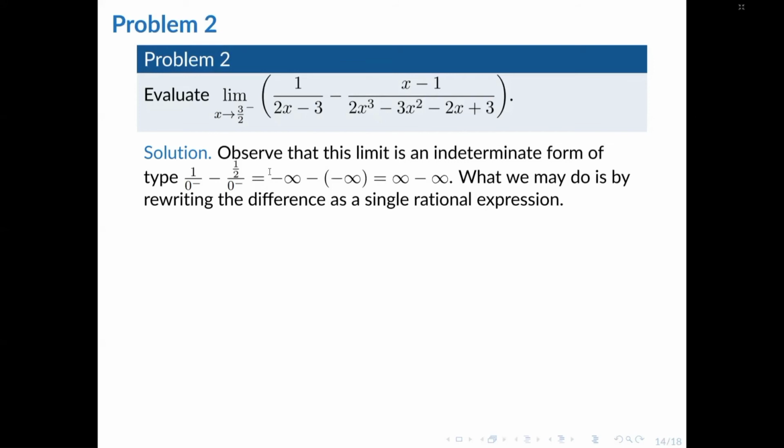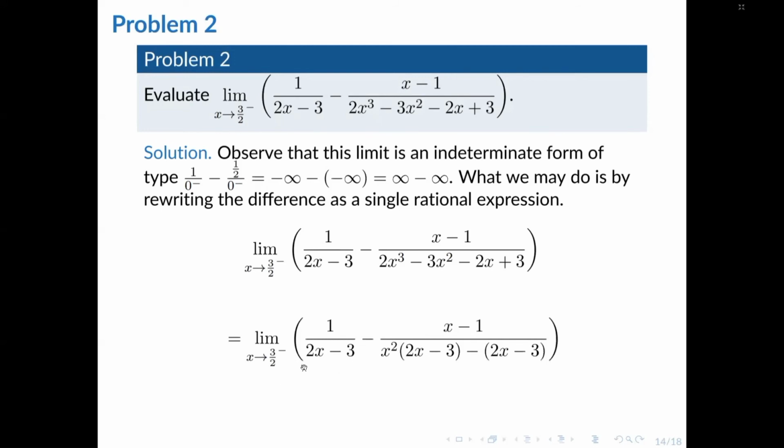What we may do is to rewrite the difference as a single rational expression. So this is the given. Rewriting this, we will get the limit of the quantity 1 all over 2x minus 3 minus x minus 1 all over 2x minus 3 times x squared minus 1 as x approaches 3 halves from the left.